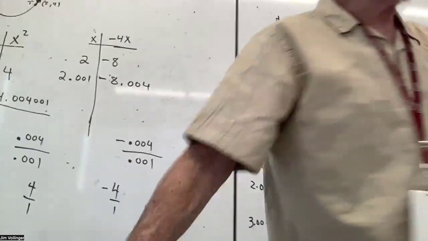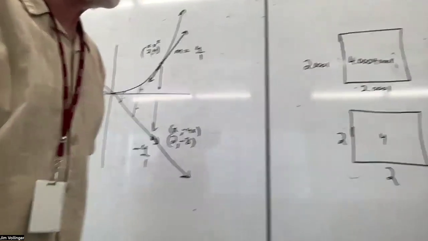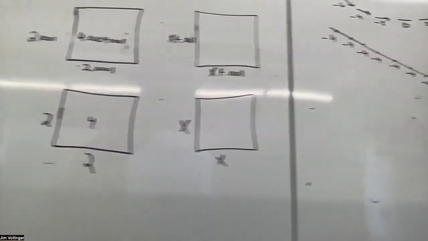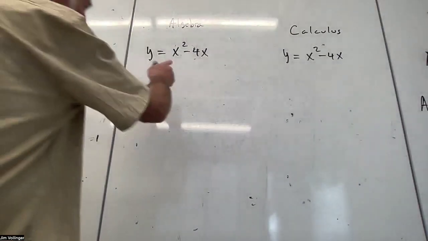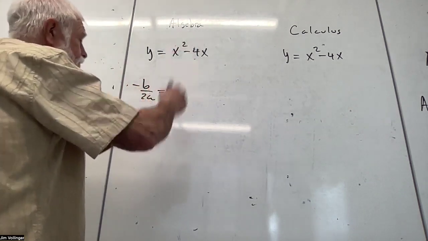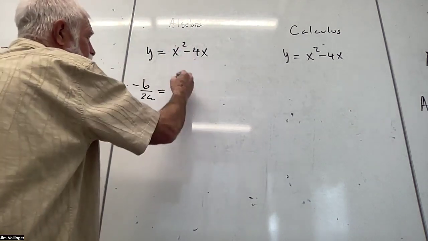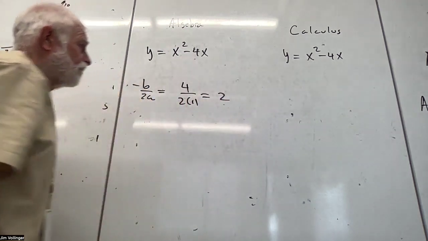Now, what have we done algebraically? Let's go down here. So far, you've learned to put this into graphing form by using minus b over 2a. Okay, minus b, positive 4 over 2 times 1. Lo and behold, what a coincidence.